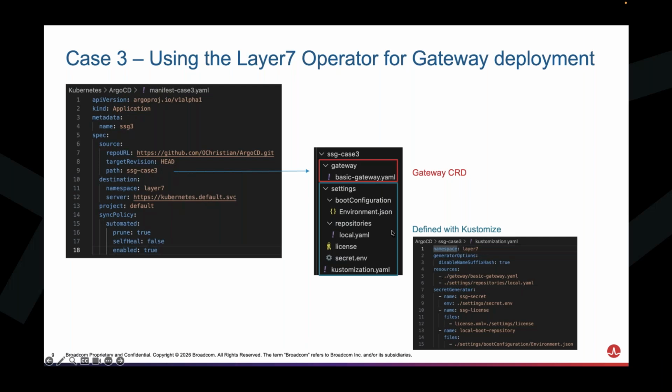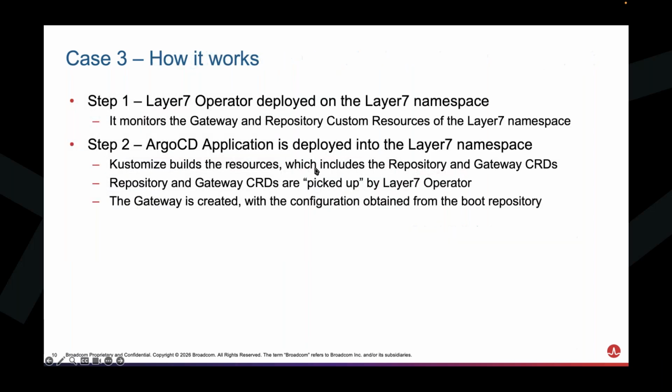So it will define the local boot repository and the secrets. The way it works is that we first deploy the operator, which will control and monitor the gateway custom resource and the gateway repository. And when we deploy the application into the layer 7 namespace, Kustomize will build a resource that includes the repository and gateway custom resource definitions.